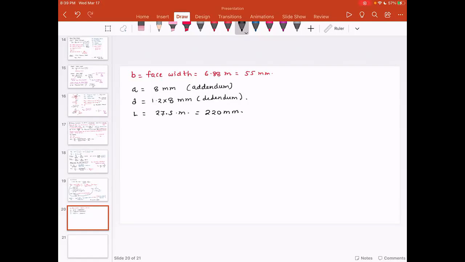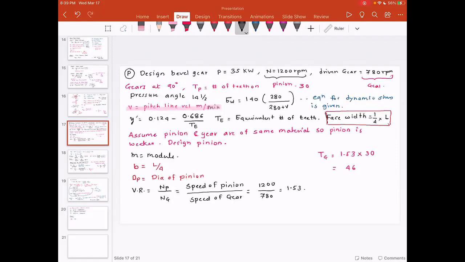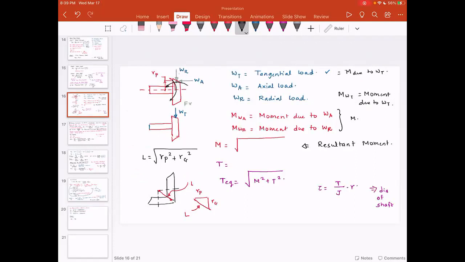The next steps are to find the wear load and the static load. To find the load, we have to use the equation for sigma E, and please note that equation is given here.